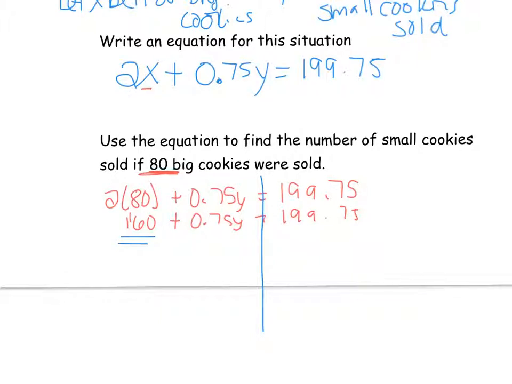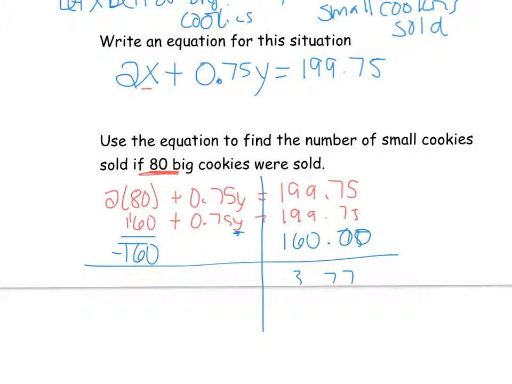So we're solving for y. So we know that 160 of it came from big cookie sales. So that leaves $39.75 that came from small cookie sales.